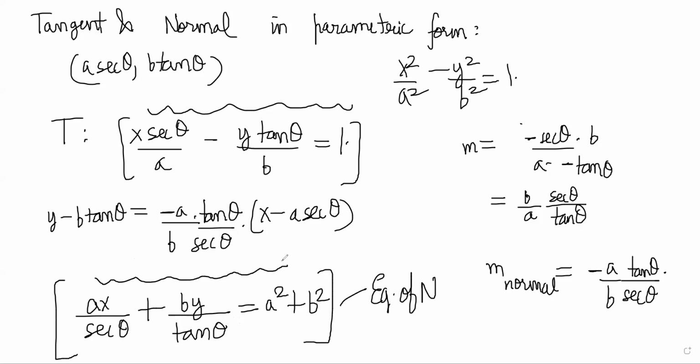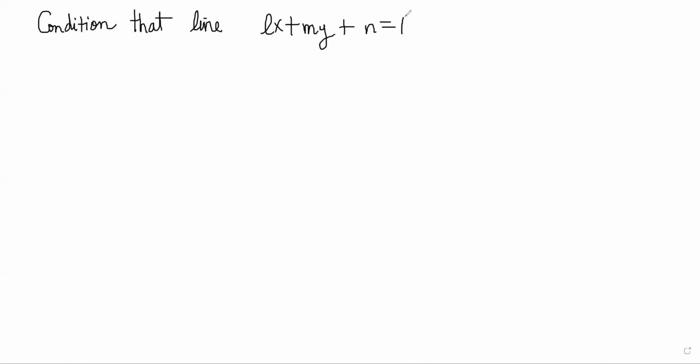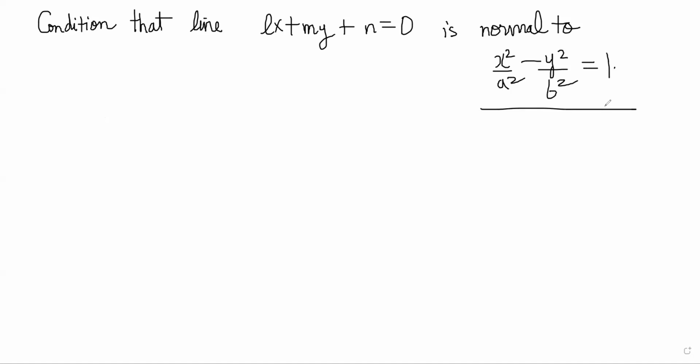Another condition that you can figure out now, we saw this condition earlier: the condition that the line lx plus my plus n equals 0 is normal to x squared by a squared minus y squared by b squared equals 1. So how do we do that?